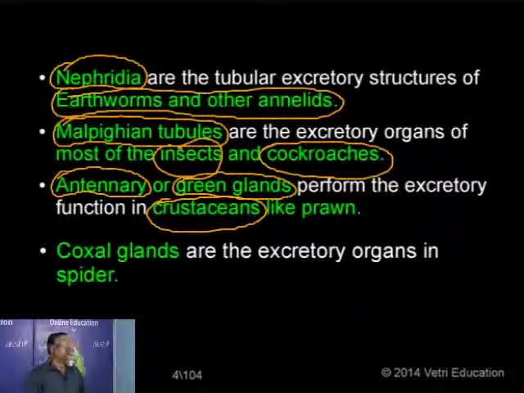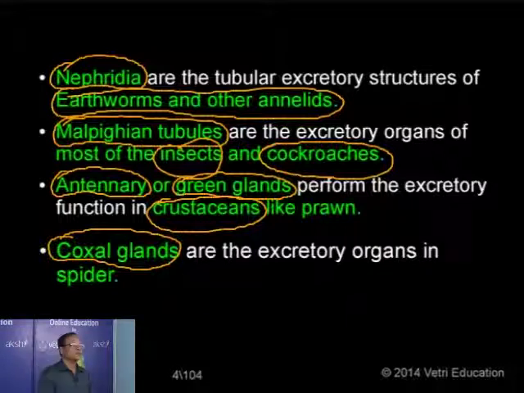Now one more example: coxal glands. If you take the leg of an insect or even a spider, it is basically formed of five segments. The arrangement is coxa, trochanter, femur, tibia and tarsus.